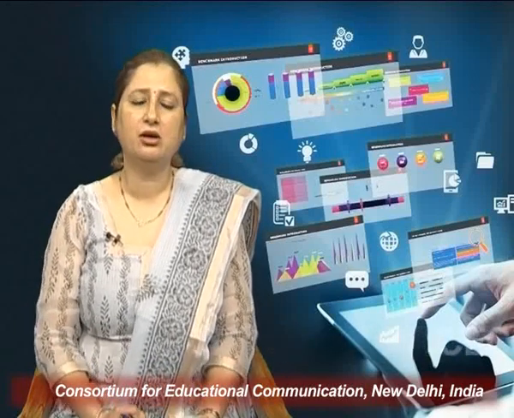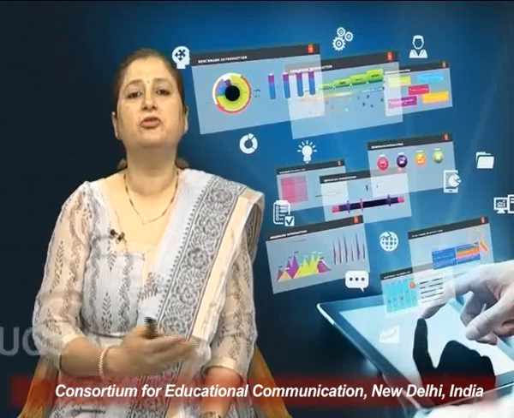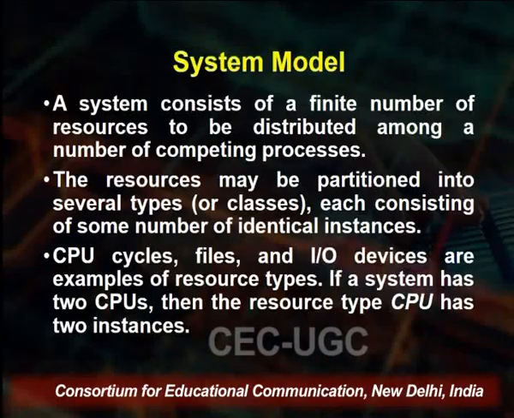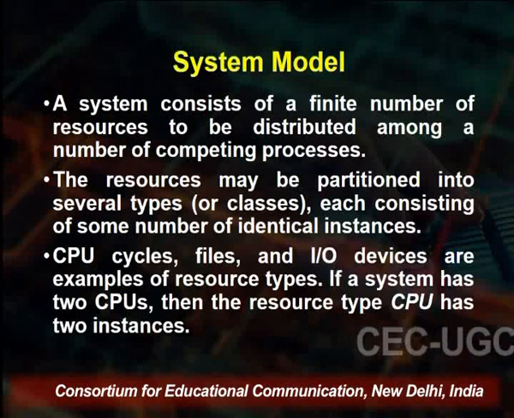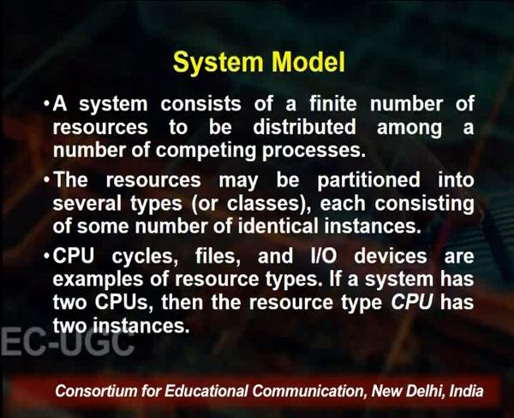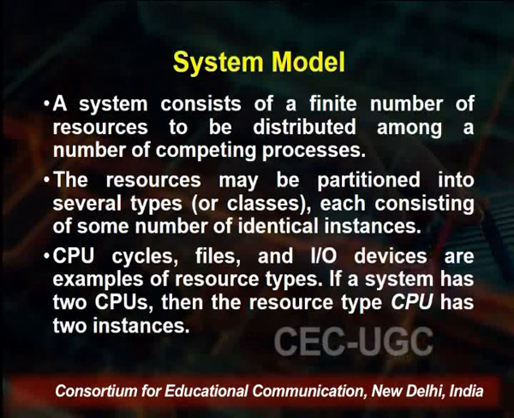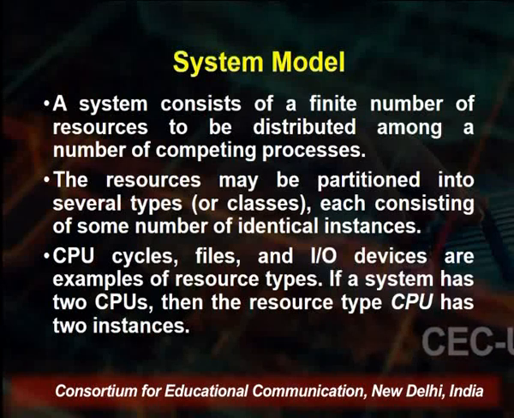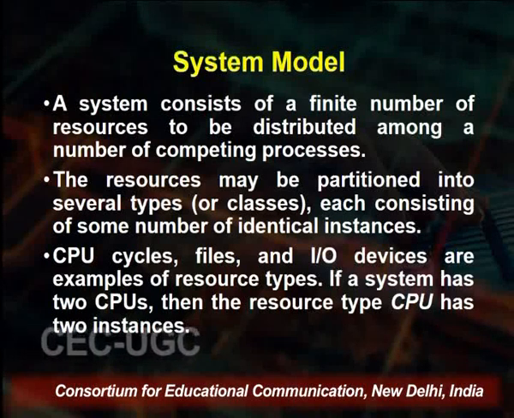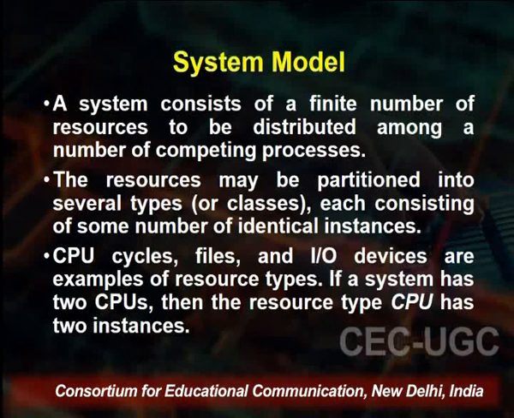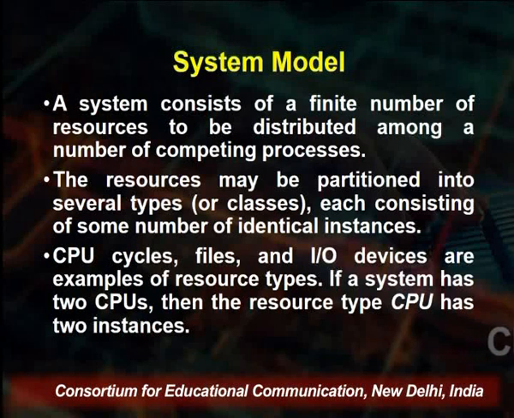Now, when we talk about the system model within the purview of deadlocks, we are saying that a system will have a number of resources, and these resources have to be distributed among a number of processes. As we have already seen, the resources are finite and the number of processes is very large, so there is a competition between the processes to acquire the resources.